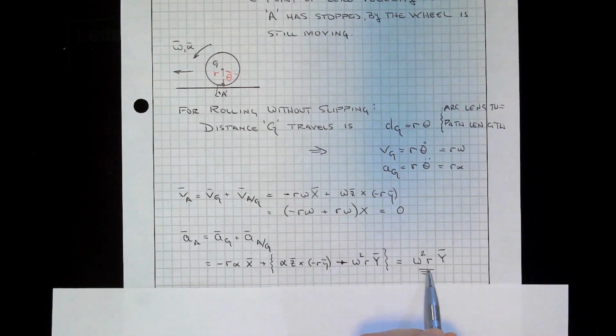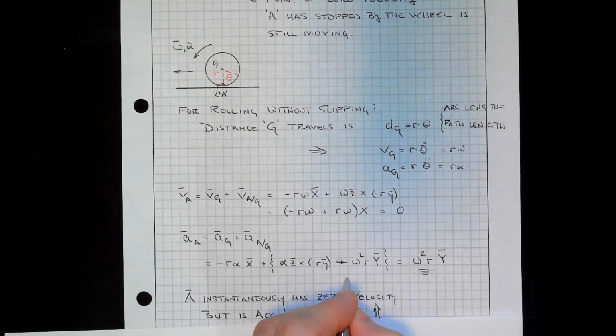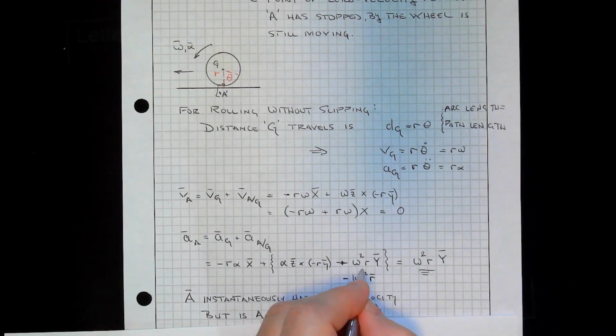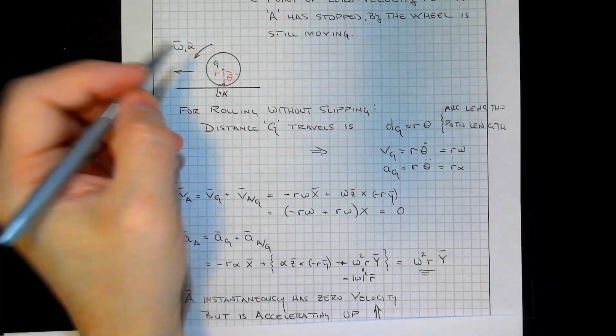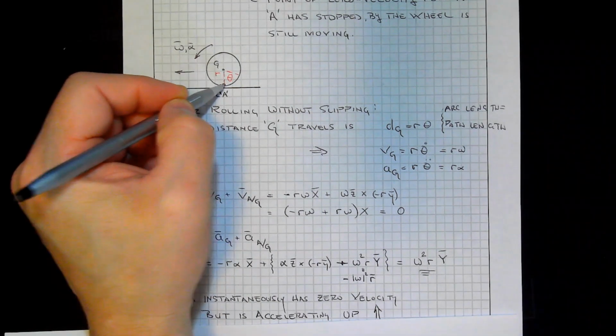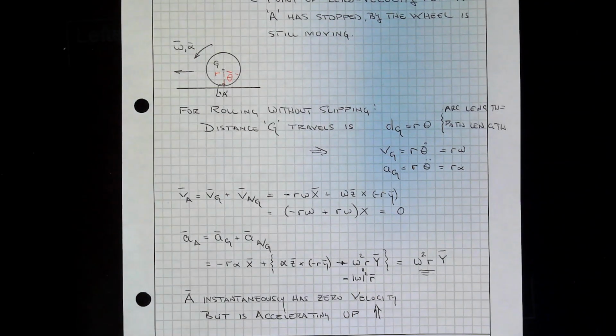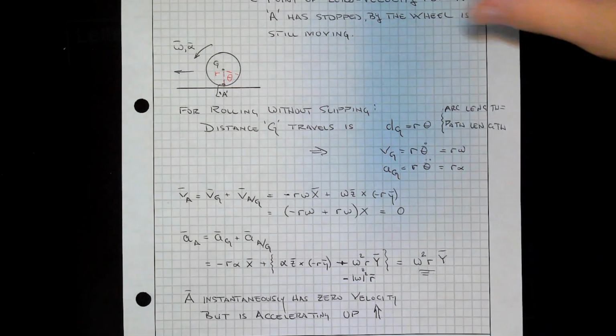You have the normal acceleration pointing right back up at G, omega squared r. Now, this is a distance r in the minus y direction, so that flips those two signs and makes that positive. So here's what we have: A instantaneously has zero velocity, but it definitely has acceleration, and it's going up.